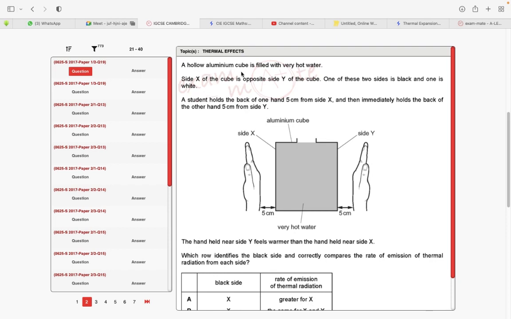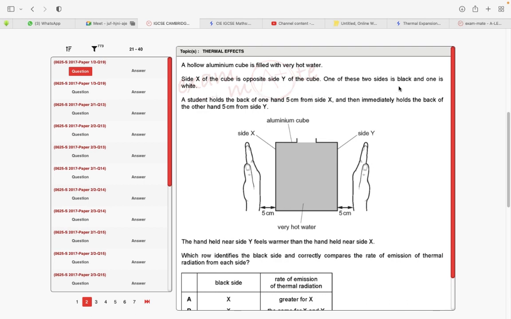A hollow aluminum cube is filled with very hot water. Side X of the cube is opposite side Y of the cube.